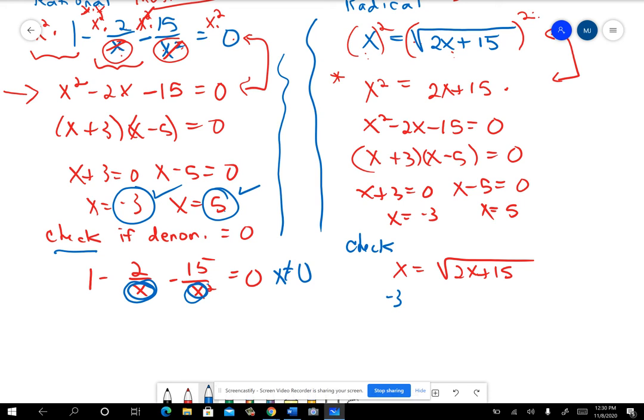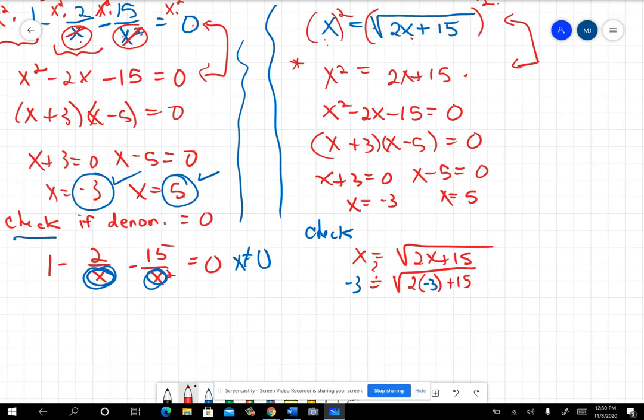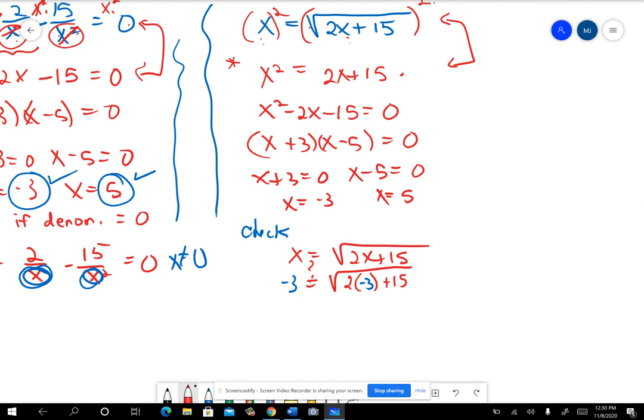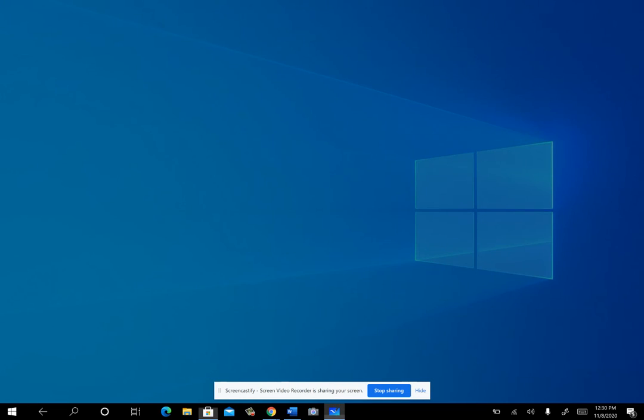So what happens if I plug in a -3? This, by the way, makes more sense as you get into more advanced classes and you understand the concept of domain, because that's what the issue really is. That's what you're checking. When you plug in -3, does it really work? And then you're going to take the original equation and you're going to double check that when you plug in 5, oops, let me get back to that.